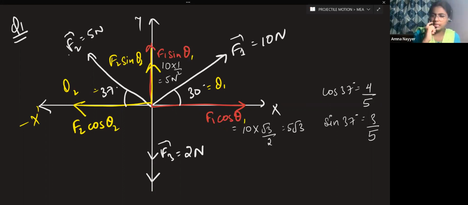If you have 53 degrees, it gets reversed, in the opposite order. Here we have F2 sine theta 2 first, and F2 cos theta 1.